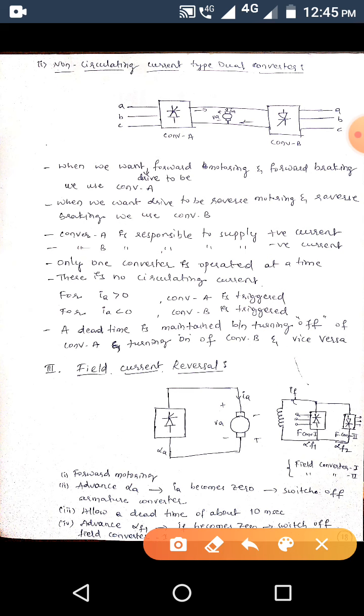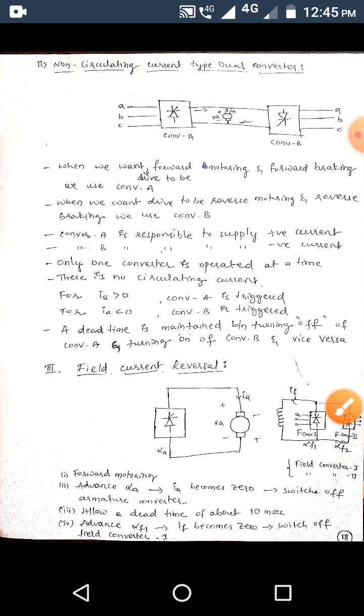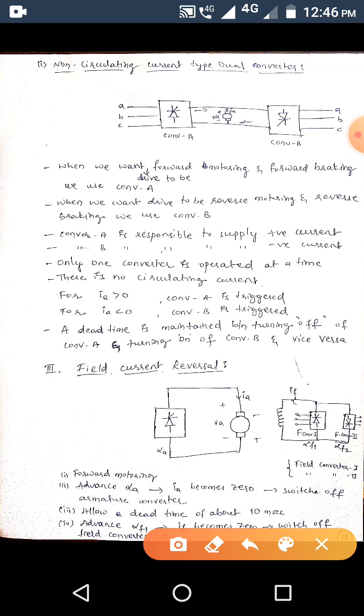When the triggering angle of field converter 1 is advanced, then the armature current becomes 0.